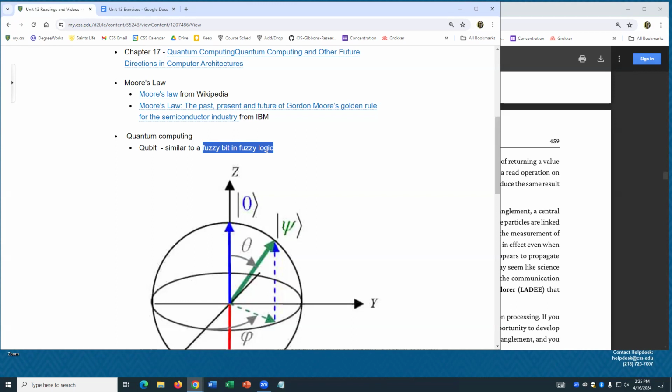That is kind of similar to qubits in a two-dimensional world, but qubits live in a three-dimensional world. So it is a good analogy, but it's not all that accurate. I know I'm not doing a great job at this.